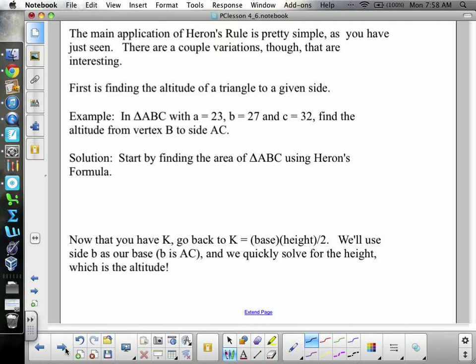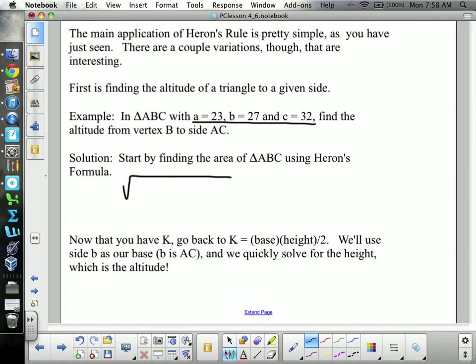So when you run into these problems, you're simply going to start by finding the area. Here's my triangle, and I'm going to start without worrying about which altitude I'm looking for, because there are three altitudes in the triangle. We do have to figure out the right one, but before that, we're just going to start by finding the area of the triangle.